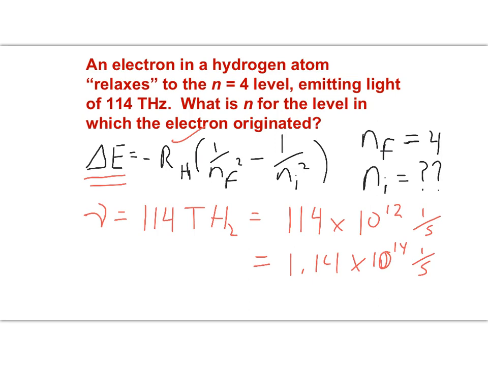But we do know, if we know the frequency of a photon of light, we can determine the energy using the equations we've seen earlier. So we have the change in energy is equal to h nu. It's Planck's constant.